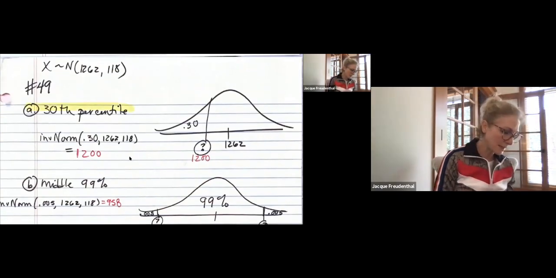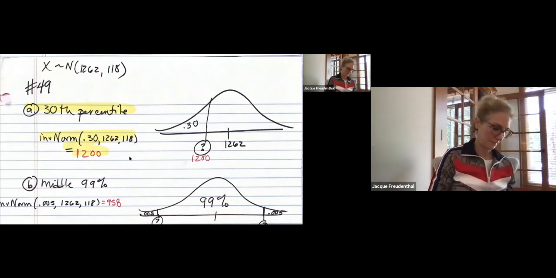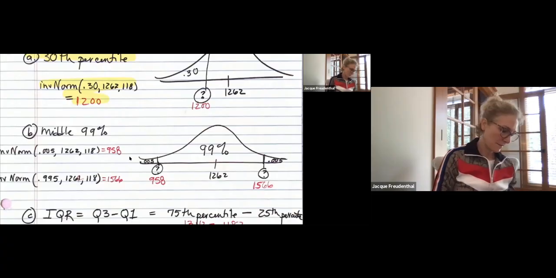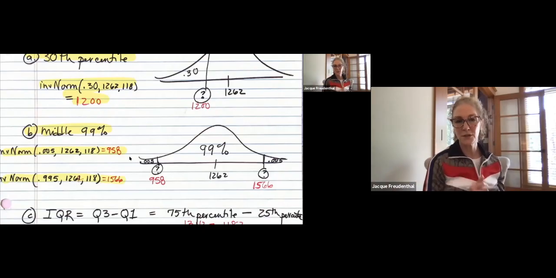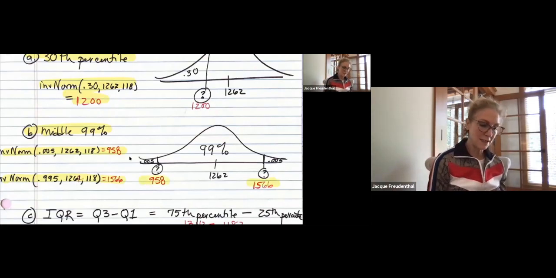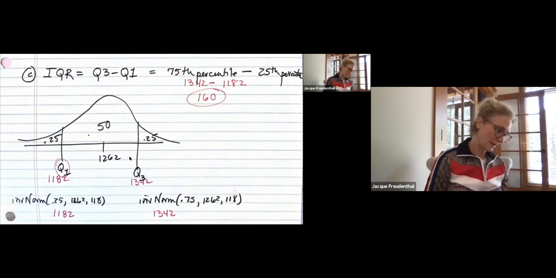So the 30th percentile with the calculator was the inverse norm. For the second one, when you do the middle, and Kayla, you said on your calculator you can choose middle. If your calculator doesn't choose middle, then you have to find each of these separately. So that's what I did. And then here's the third quartile for the calculator. So each of these separate.